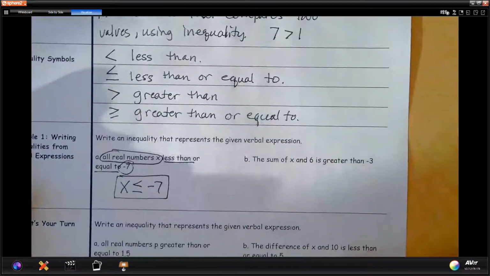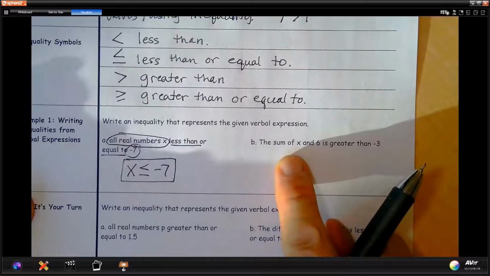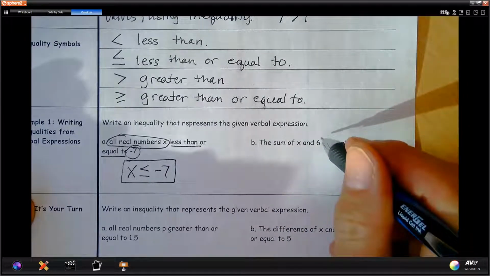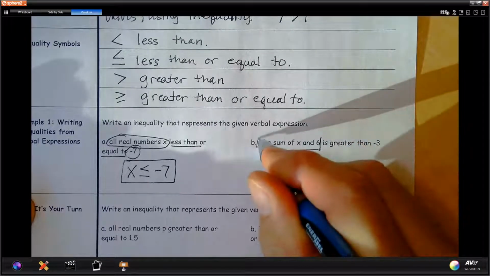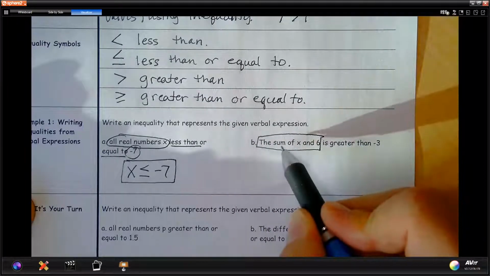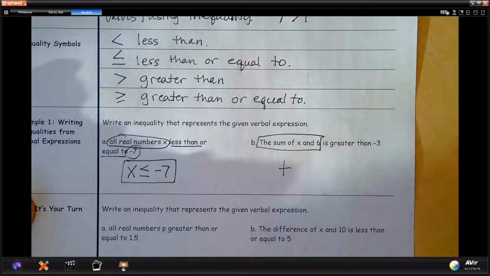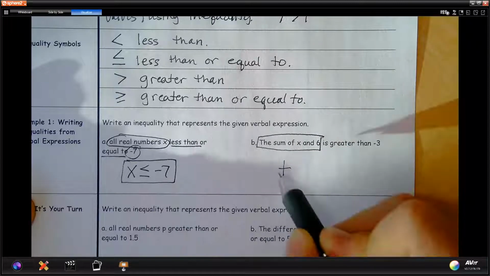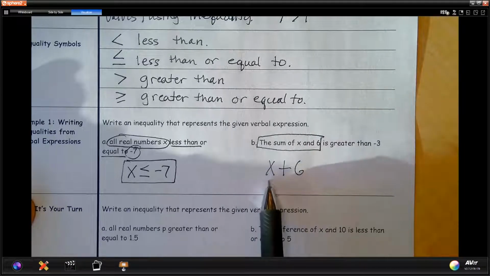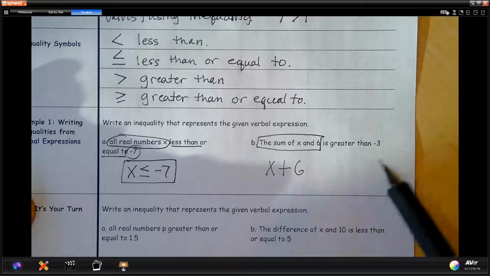Easy peasy. Okay, the second one says the sum of x and 6. So this one's a little more complicated, but not a whole lot. The word sum means addition. So what am I adding? I'm adding x and 6. The sum of x and 6 is x plus 6.